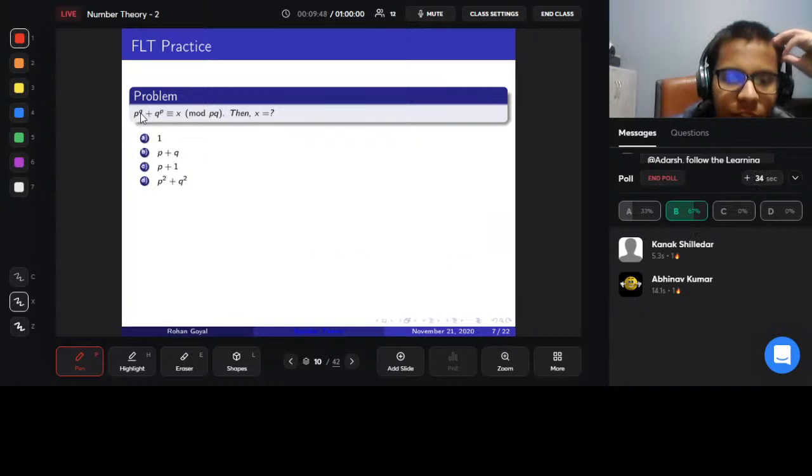Try to figure out what these terms are, mod p and mod q, and then hopefully find something nice.